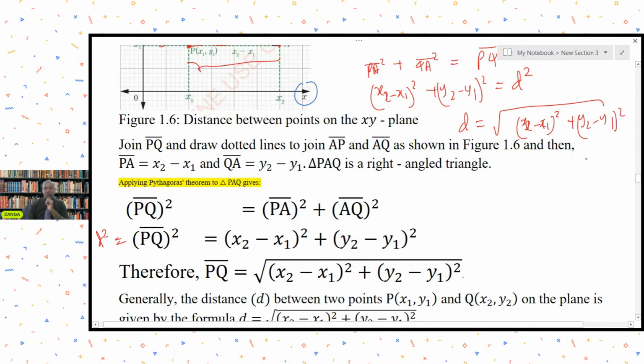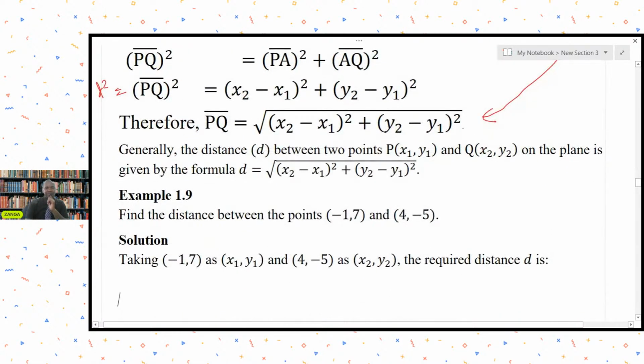So you see that this formula is similar to this formula here, and that is the distance between those 2 given points. So we are going to generalize.